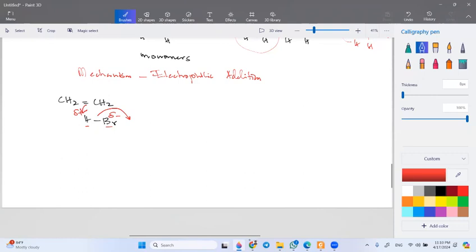Then what happened? First, hydrogen will be attached to this carbon. Since this double bond is broken, this carbon gets a positive charge. Actually not slightly, a completely positive charge. Then Br minus with a lone pair of electrons hits this carbon. Therefore, I write this as CH3CH2Br.